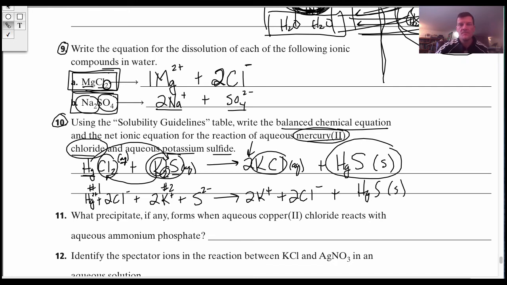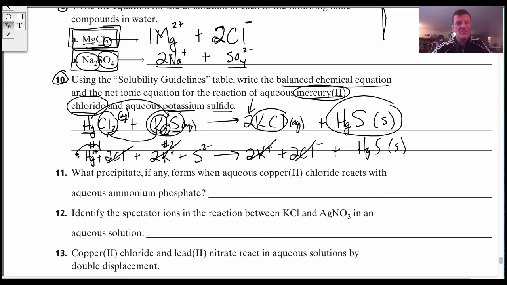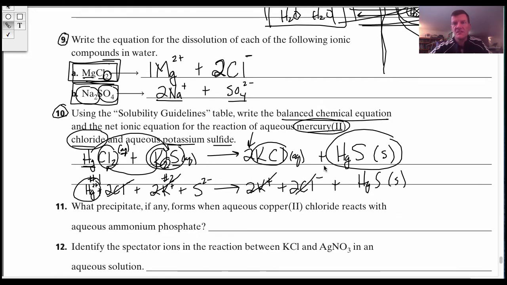Okay? Now let's get rid of anything that is not reacting, is not forming anything new. Notice potassium on this side, potassium on that side. And chloride ion on this side, chloride ion on that side. They're the same on both sides. What is different is Hg2+, let's see, I'll write it up here.